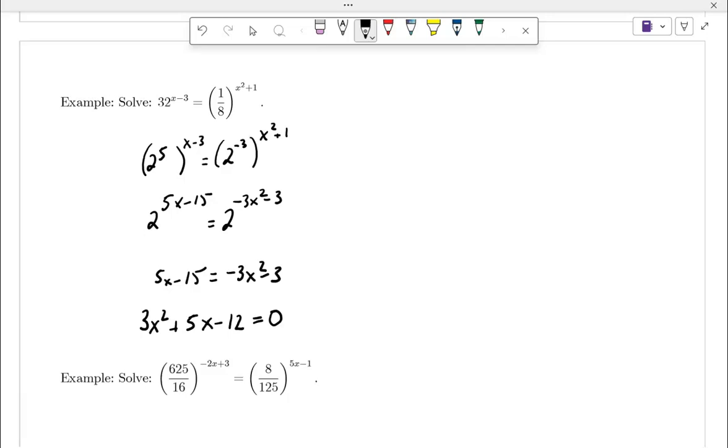So you got 3x squared plus 5x minus 12. Again, you should try to factor it if you can, because factoring typically is easier. But of course, if you don't see how to factor it, what can you always use? Quadratic formula, good. This one, since I have a 3x squared, I need a 3x and an x, right?